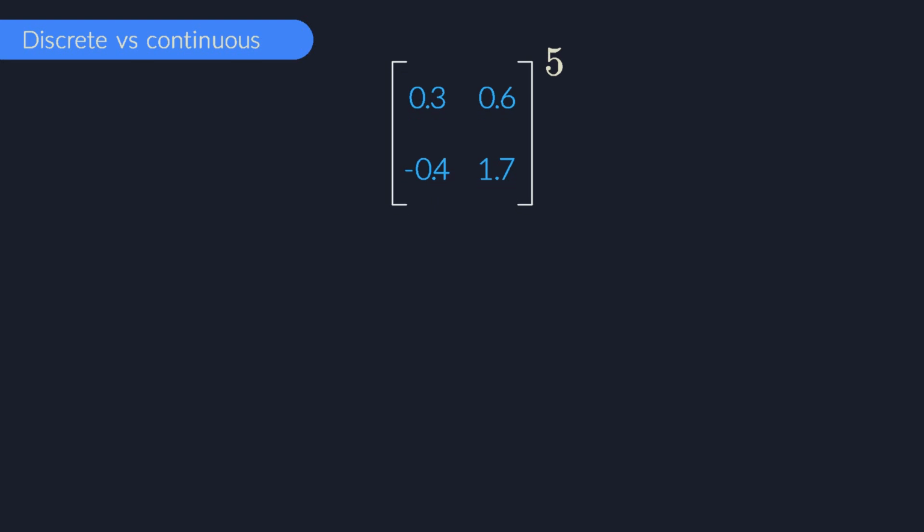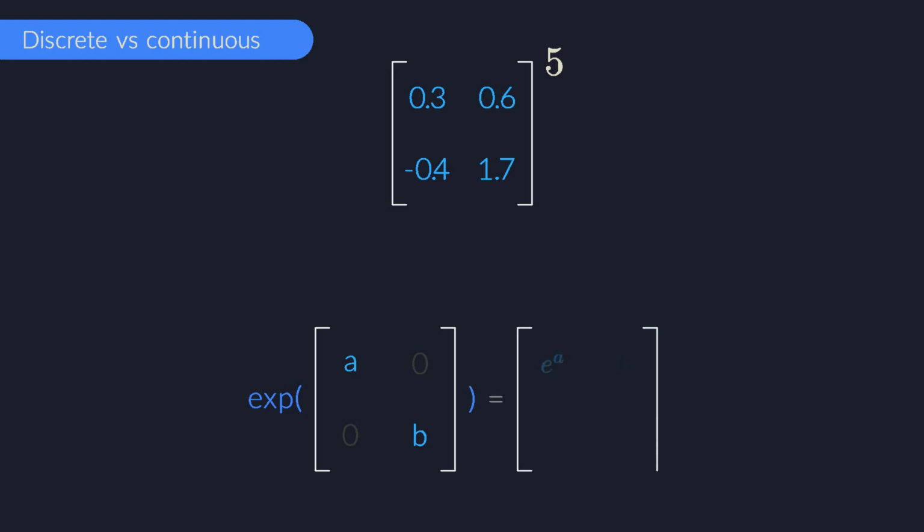However, in physics and engineering, you often have to model continuous systems instead. The continuous equivalent of taking successive integer powers is to take exponentials, and it turns out that the exponential of a diagonal matrix simply contains the exponentials of the diagonal elements.